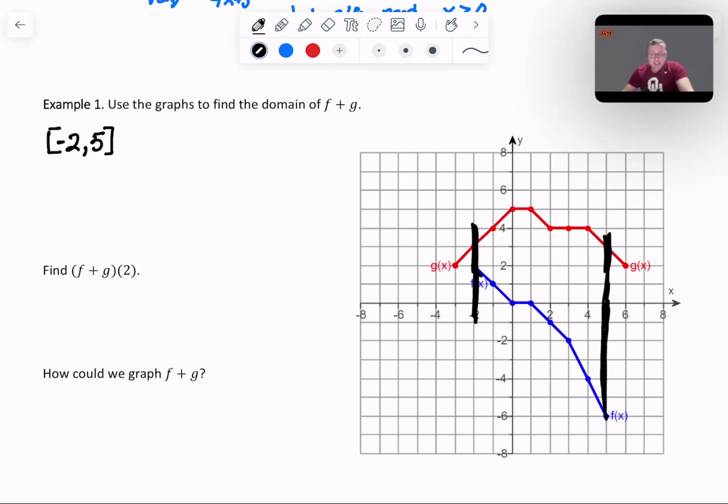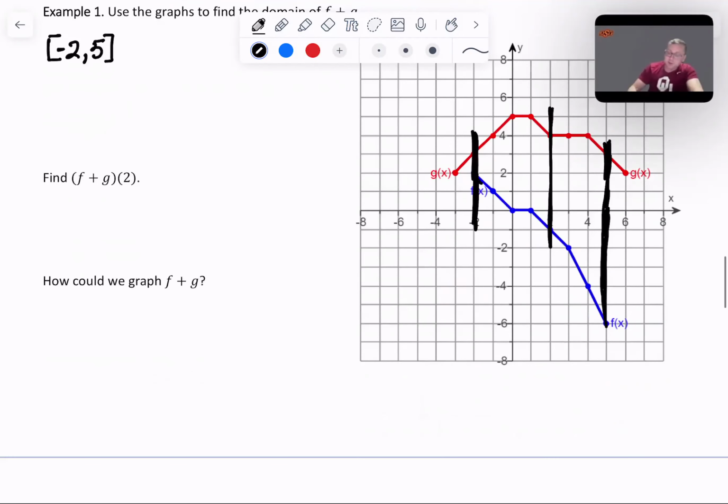Now, the next thing we want to do is find out how we evaluate this. So it says find f plus g of 2. So if I go here, here's when x is 2. So f plus g of 2 is just like how we did earlier. It's f of 2 plus g of 2, right?